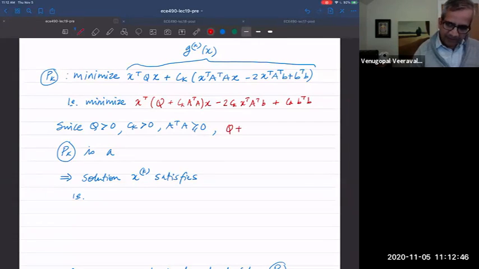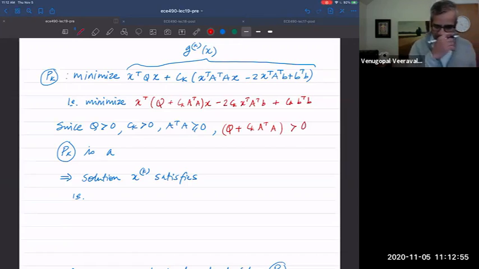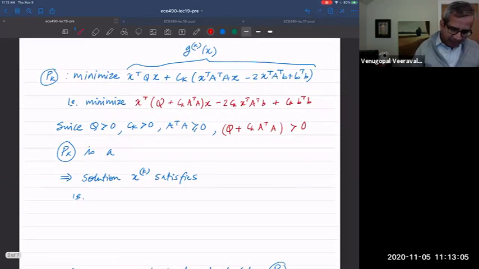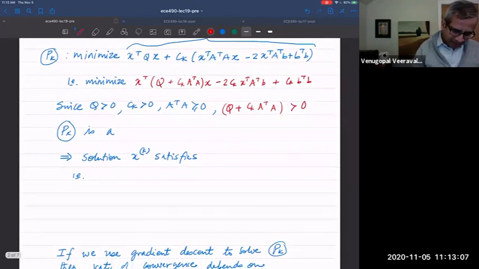You can add a positive definite matrix and a positive semi-definite matrix and you'll get a positive definite matrix. So Q plus CK A transpose A is positive definite, and this optimization problem, which I call PK, is a strictly convex optimization problem. Right?